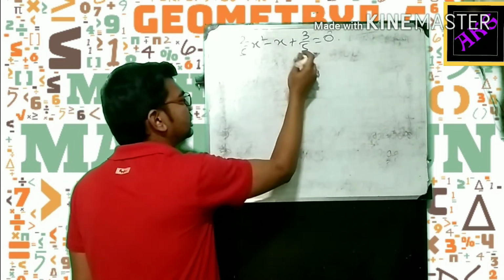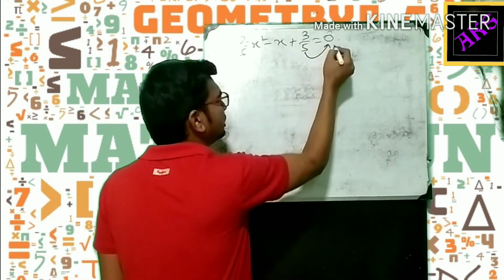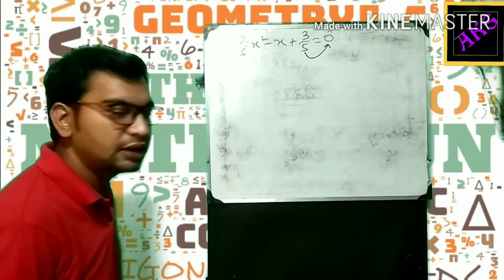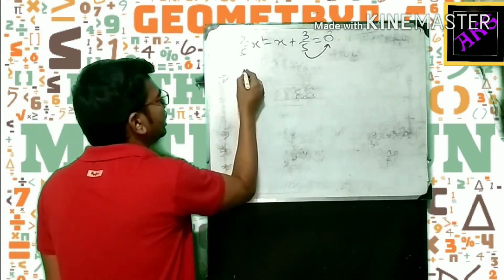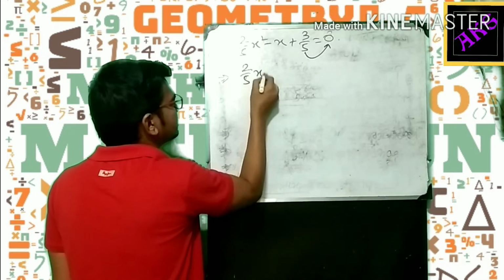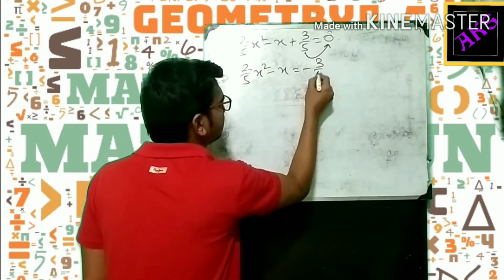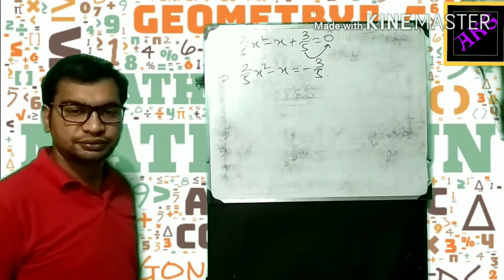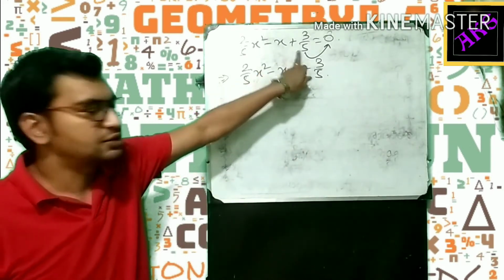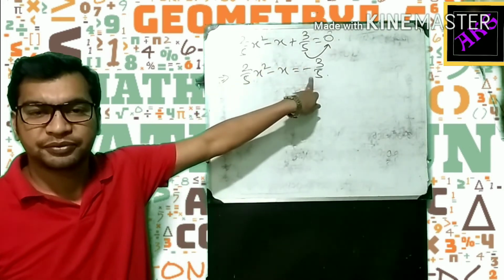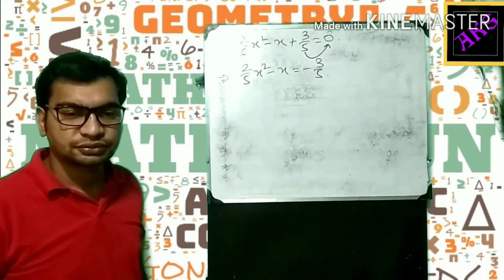So we have to transpose this c from here to here. So in our first step we will write 2 by 5 x square minus x equal to minus 3 by 5. Clear? Here it has a plus sign, so it will have a minus sign over here.